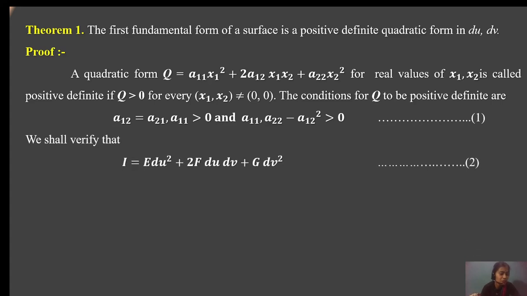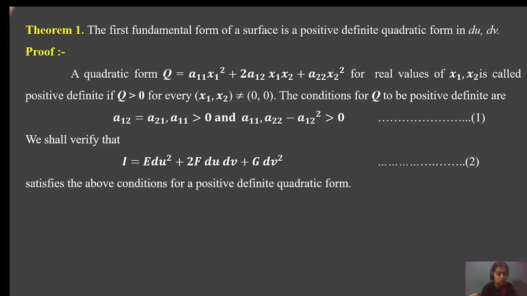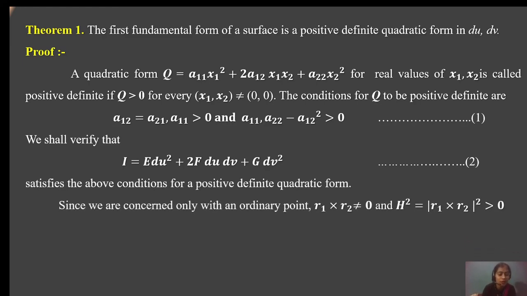Now, equation 1 is verified: I equals E du square plus 2F du dv plus G dv square. This is equation 2, and you know that it satisfies the positive definite quadratic form. Then consider only ordinary points, where r1 cross r2 is not equal to 0 and H square equals (r1 cross r2) square is greater than 0.